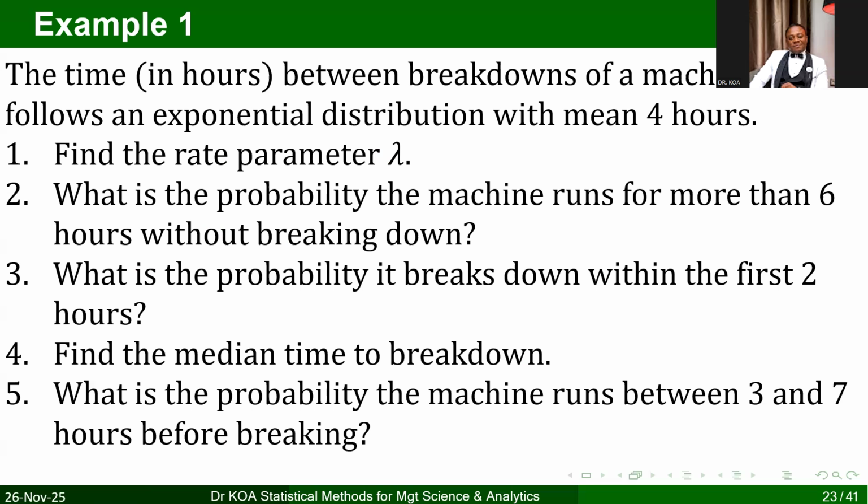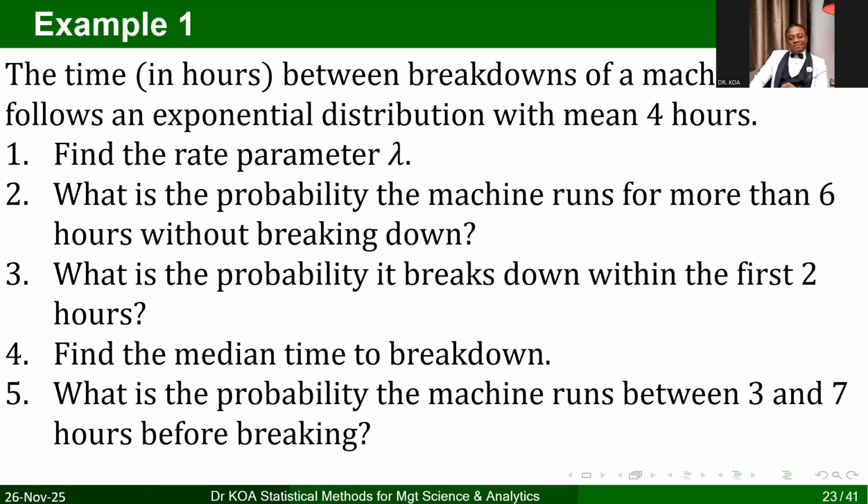So how do you do that? Remember, you have been given a mean, isn't it? So you know the formula for the mean, don't you? What's the formula for the mean? 1 over lambda. Good. So use that to find the rate parameter, which is lambda.